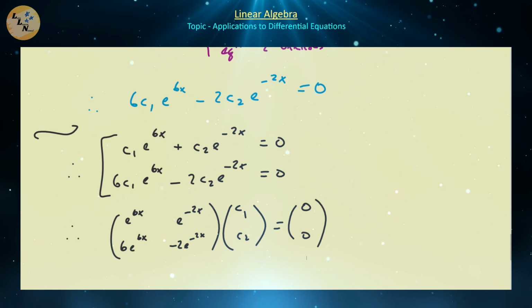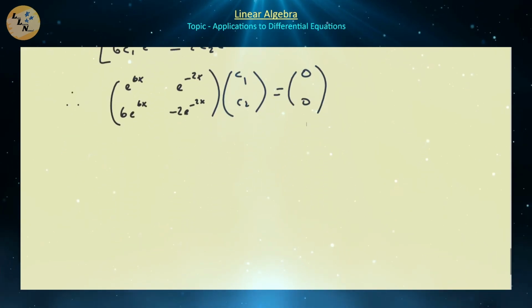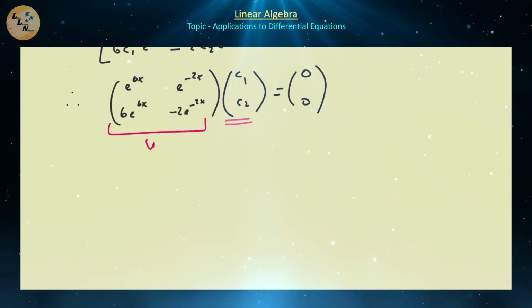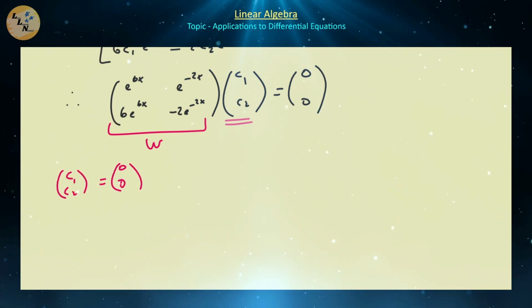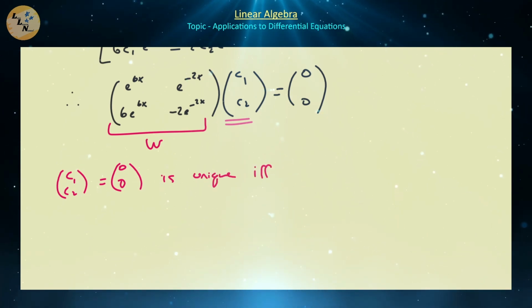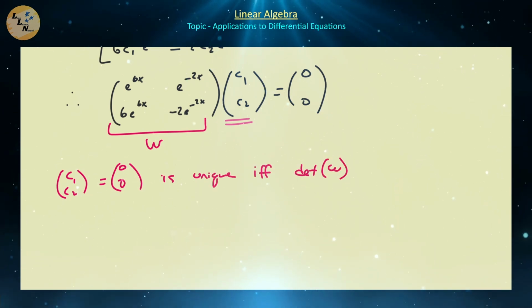So what do we know about this particular equation? We obviously know that (0, 0) is going to be a solution to this. Let's give this matrix a name. Let's call this matrix W. So we know that (c1, c2) equal to (0, 0) is a unique solution if and only if the determinant of W, which is technically a function of x, is not equal to 0.